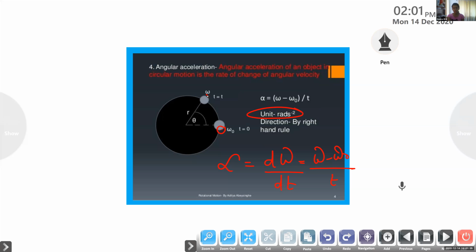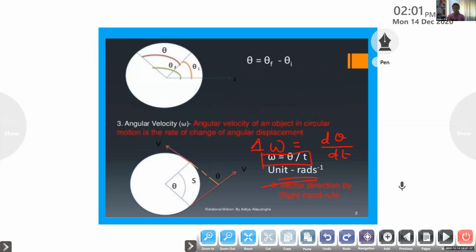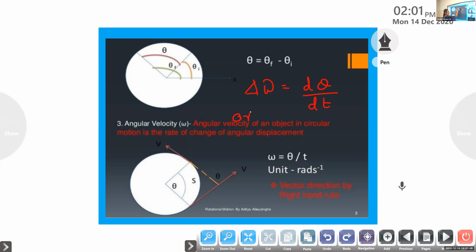Can you show angular velocity once again? Okay. I'll write here. The change in angular velocity is equal to d theta by dt. Or we can substitute this also; instead of d theta you can write the final velocity divided by time, that way also.